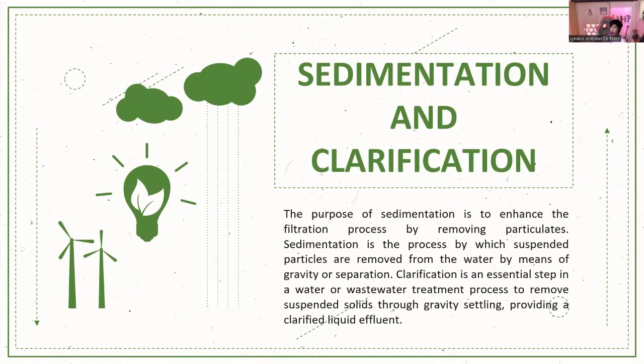Then clarification is an essential step in a water or wastewater treatment process to remove suspended solids through gravity settling, providing a clarified liquid effluent. The accumulated solids or sludge from the bottom of the sedimentation tank are removed periodically.